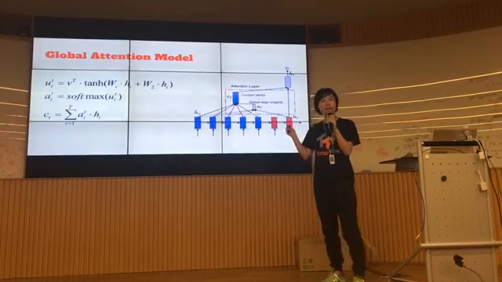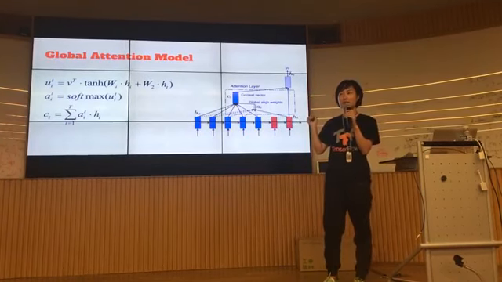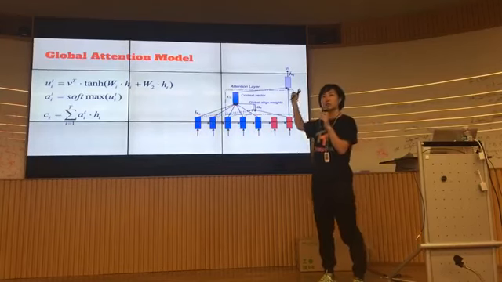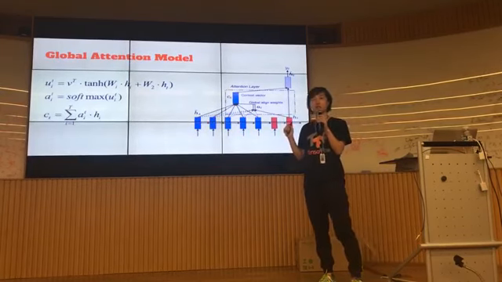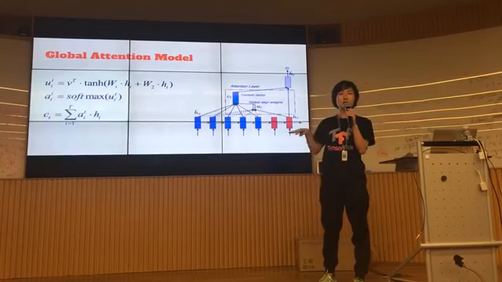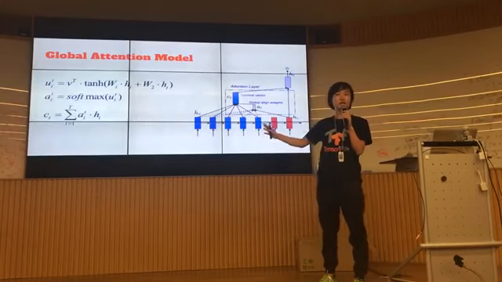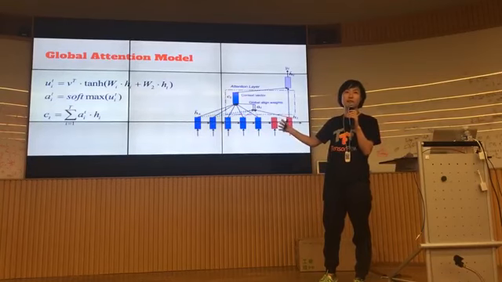But there is a drawback to global attention. Each time you want to predict a target word YT, you need to attend to all the words on the source side, so it will be expensive when the sentence is long.